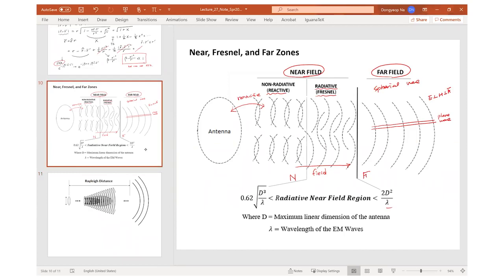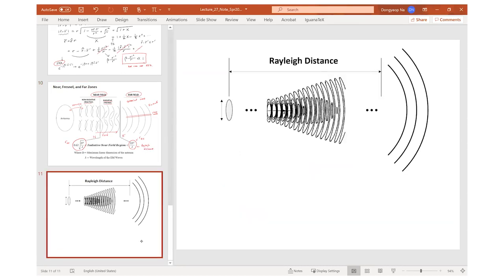This is a distance boundary between the near field and the Fresnel zone, and this is the boundary between the Fresnel zone and the far field. This distance is called the Rayleigh distance. Actually, I'm out of time, so let me just briefly describe this.